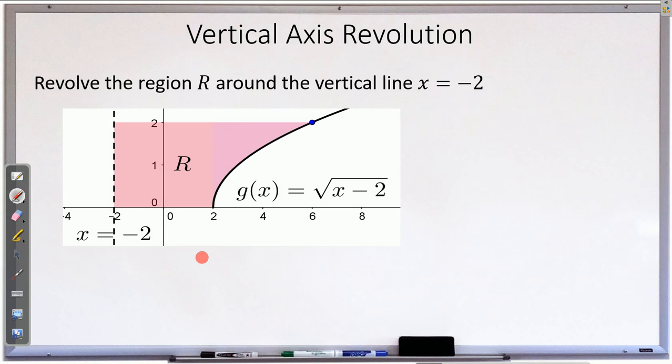So we're going to rotate this region around the vertical line x equals 2. So when I draw the cross section, the middle of the cross section is right here. So it goes out, touches the boundary, and comes back.